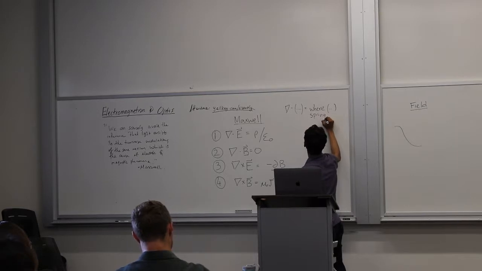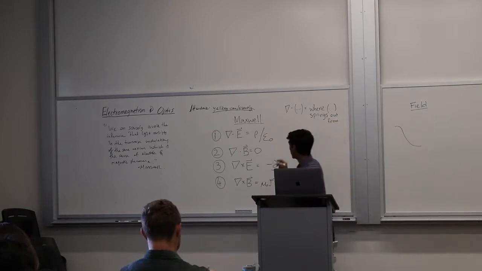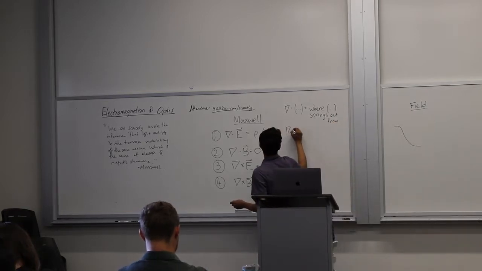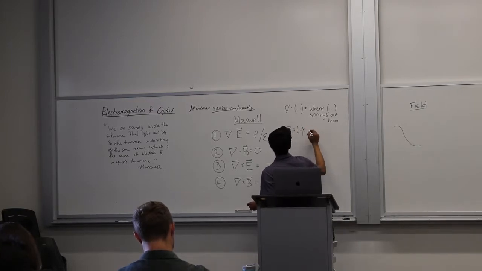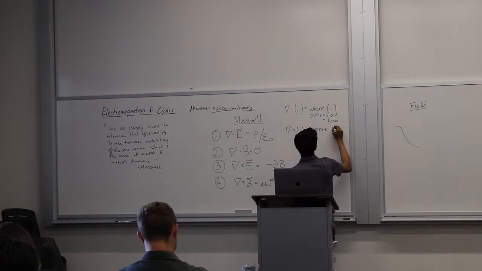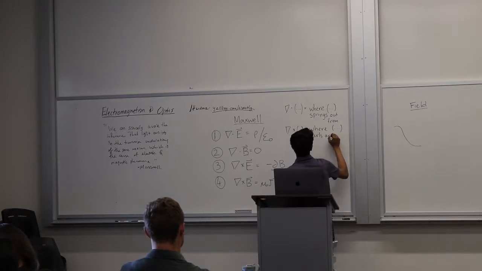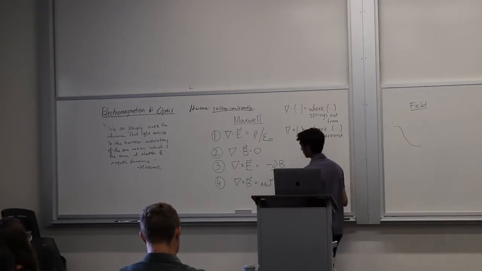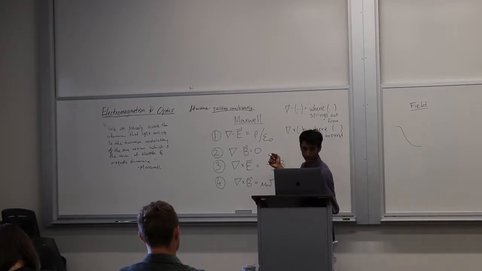springs out. And then for del cross, this can be read as where curls down or twists around, whatever you like.